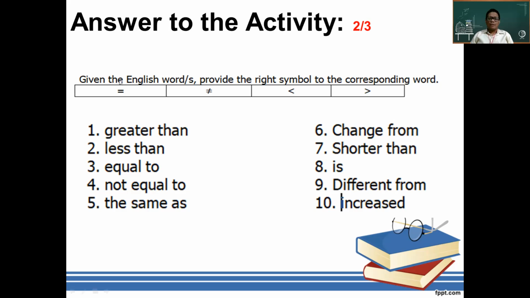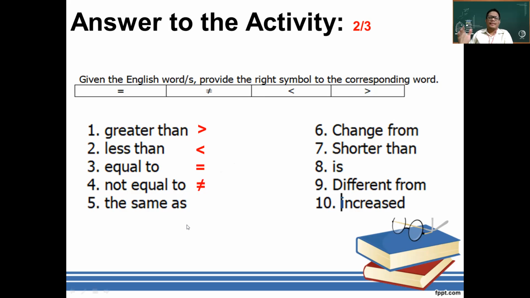We have the equal sign, the unequal sign, the less than, and the greater than. Of course, number 1, what is the sign for greater than? Okay, greater than is this one. Less than, the opposite. Equal is the equal sign. Not equal to, of course, is the unequal sign.